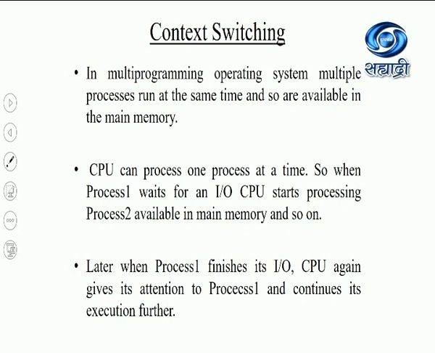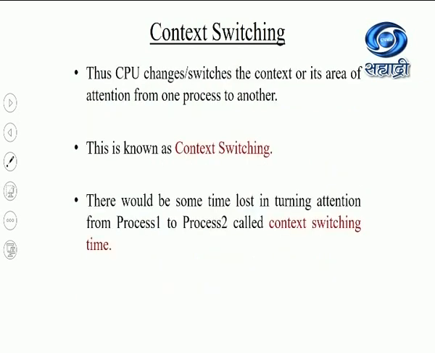Later, when process 1 finishes its I/O, the CPU again gives its attention to process 1 and continues its execution further. Thus, the CPU changes or switches the context or its area of attention from one process to another, and this is known as context switching.